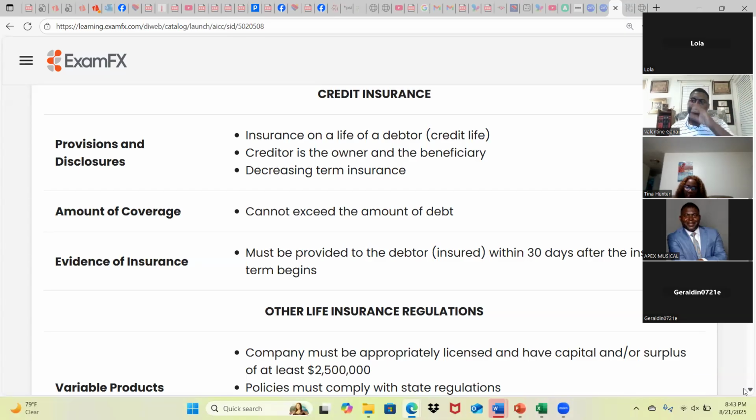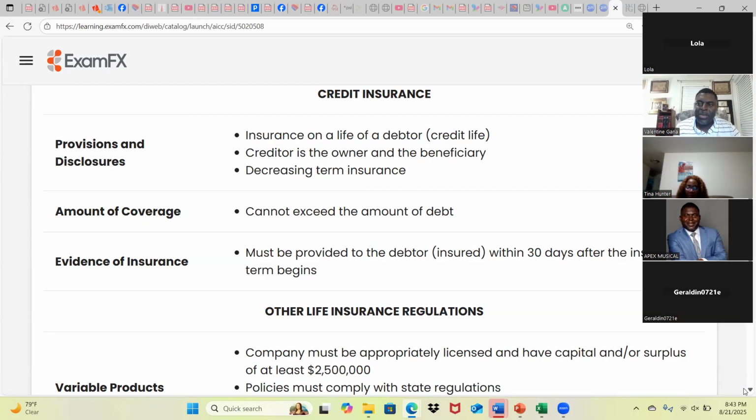So in a decreasing term, the face value is always decreasing, but again, the premium stays equal. When you're close to paying off that loan, the death benefit of that policy is also close to being zero. And when the loan is paid off, the face value is zero as well.